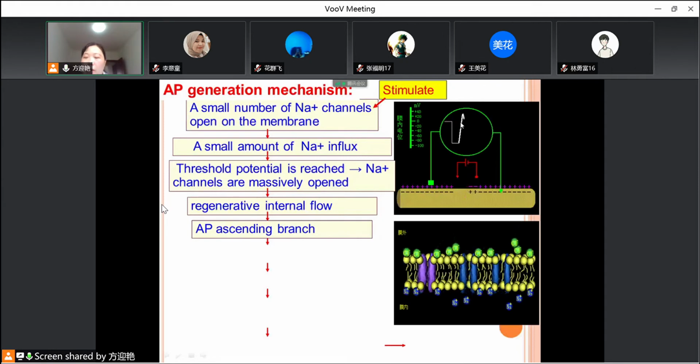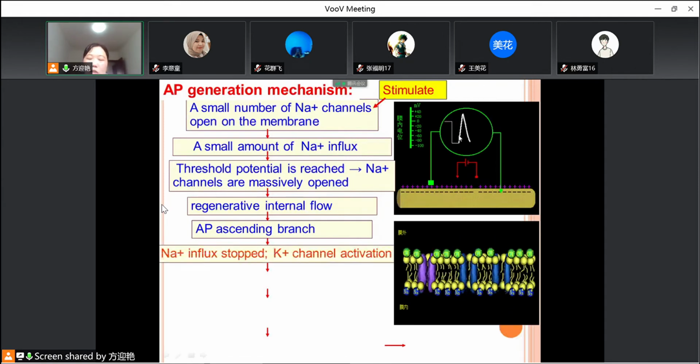The sodium channels open and sodium flows in, and then the sodium channels become inactivated and closed.